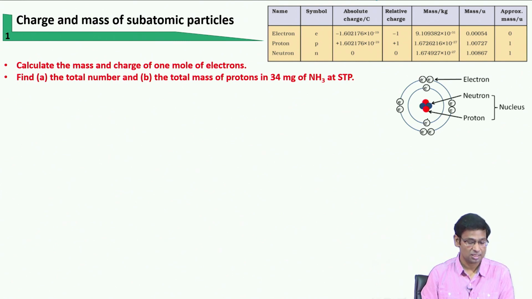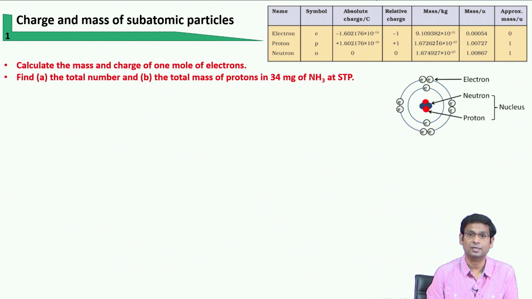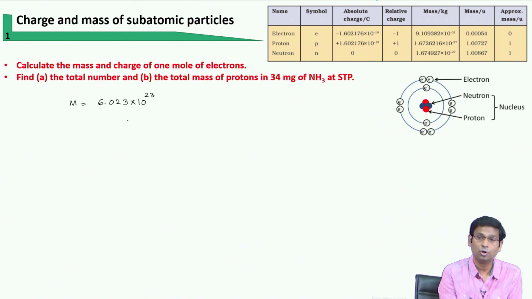The first question asks, calculate the mass and charge of 1 mole of electrons. We know that the mass of 1 electron is given here, 9.11 into 10 to the power minus 31 kg, and this asks for 1 mole of electrons. So the total mass of 1 mole of electrons is 6.023 into 10 to the power 23, because in 1 mole you have this many electrons, and each electron has a mass of 9.11 into 10 to the power minus 31 kilogram.